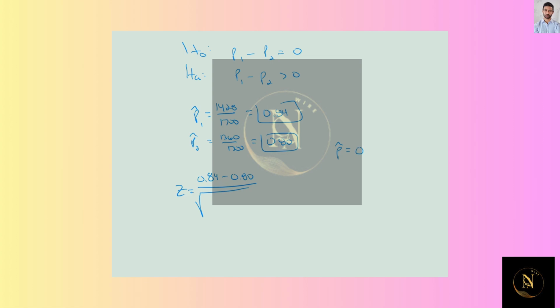So that's going to be 0.82. 0.82 times 1 minus 0.82 times 1 over the sample sizes. This calculates to 3.0355.